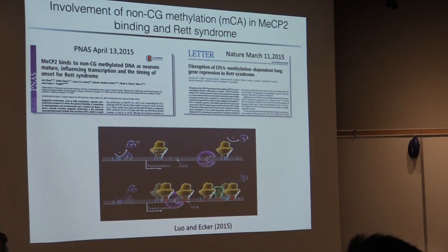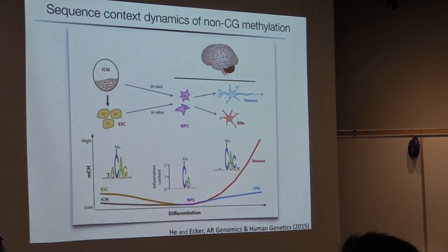And so one activity, and there may be others, is that this mCA, in different cell types, and particularly in neurons, which have an abundant amount of MECP2, is actually involved in gene repression. How you target that mCA to those particular genes is not clear at this point. Over development, if you look at cells from the inner cell mass or ES cells or naive cells, they have CA in a CAG context, if you look at the underlying sequence motif.